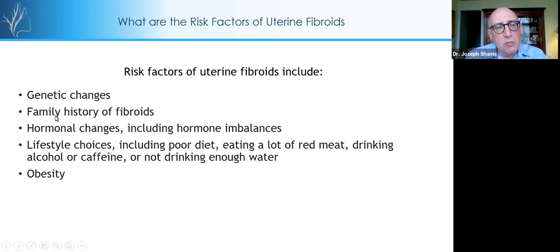And if their mother or grandmother had fibroids, they have almost a 99% chance of developing fibroids also. Hormonal changes include hormonal imbalances, lifestyle choices, including poor diet, eating a lot of red meat, drinking alcohol or caffeine, or not drinking enough water may contribute to fibroid development, and obesity.